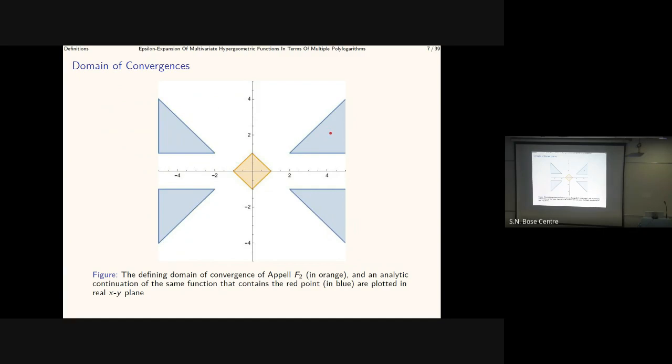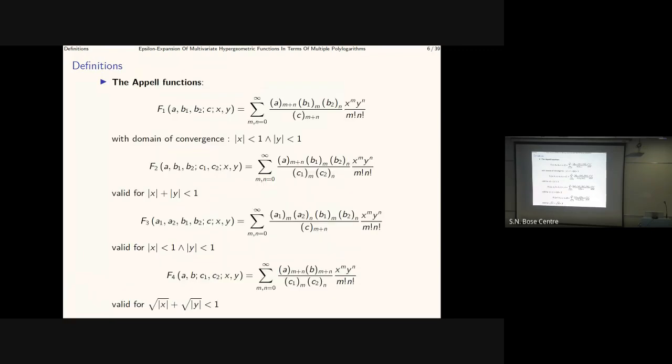But the given representation does not converge, right? Yes, because it is greater than 1. So x is 4 and y is 2, at some point it will be that.